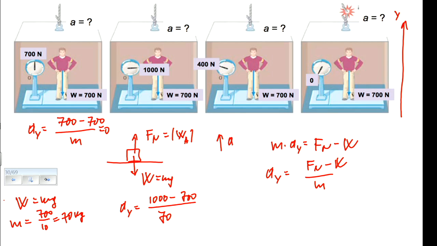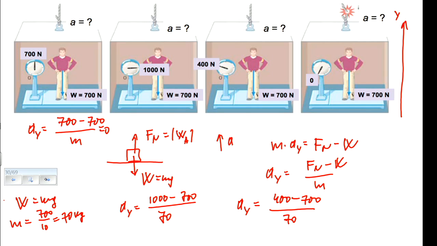Here, next part. Negative. So acceleration points down. If acceleration points down, does it mean he moves down? No. Because the direction of velocity depends on how he moves.